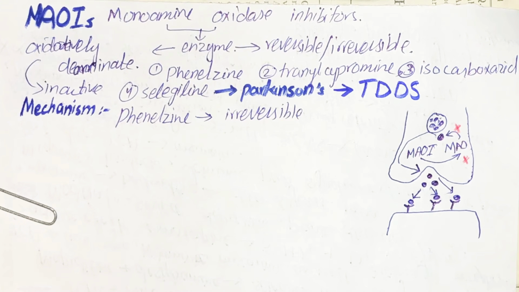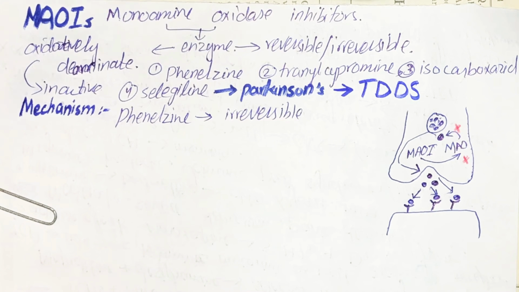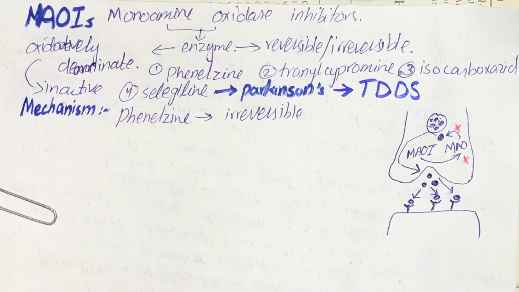These drugs inhibit not only MAO in the brain but also that which is present in liver and gut. As I have told you earlier, this enzyme is also present in different tissues of the body which include liver and gut. So this enzyme is also inhibited by the drug phenelzine or other MAOIs.